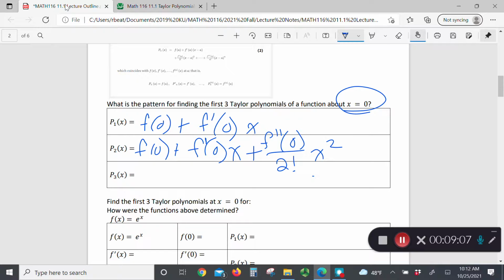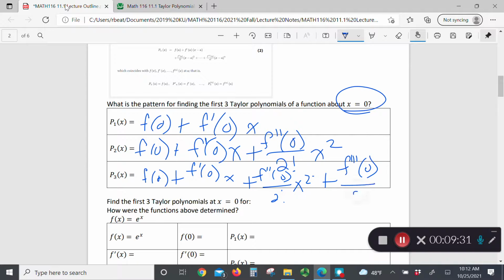And now the third polynomial would be the functional value at 0 plus the first derivative, evaluated at 0 times x, plus the second derivative, evaluated at 0, divided by 2 factorial times x squared, and then we're going to add one more term. The third derivative, evaluated at 0, divided by 3 factorial times x cubed.